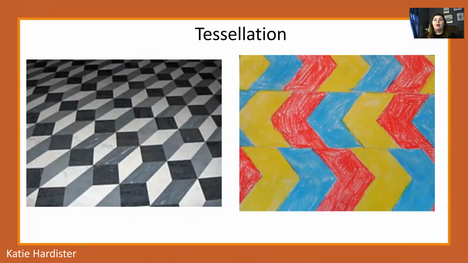So now we can talk about what a tessellation is. A tessellation is going to be a repeated shape that goes on and on, and it's the same repeated shape and it never crosses over one another and it never overlaps either. So kind of a real life example.